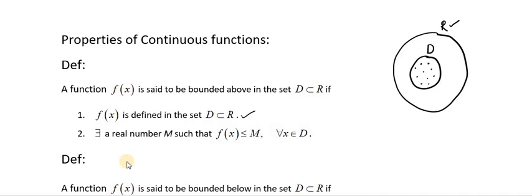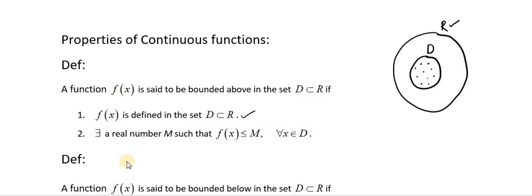Then we say that f of x is defined in the set D, subset of capital R. Second condition is, there exists a real number capital M such that f of x is less than or equal to capital M. Here also x is a real number which belongs to D. That means D contains some real numbers.